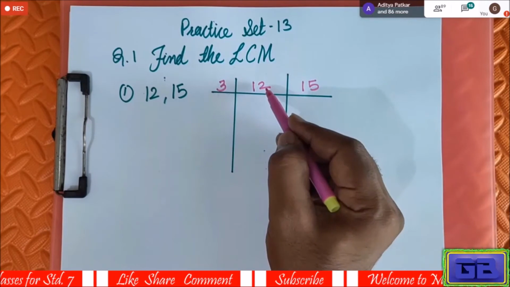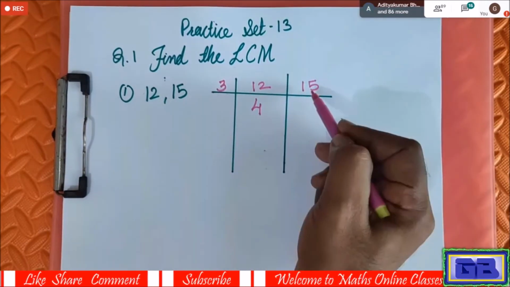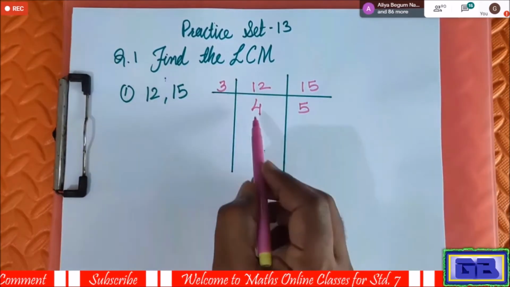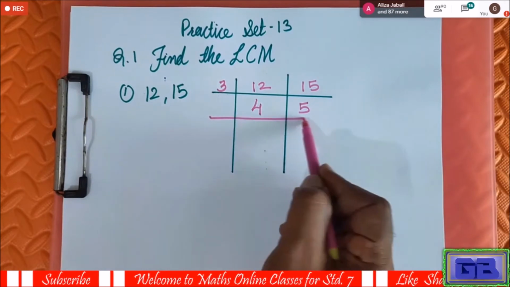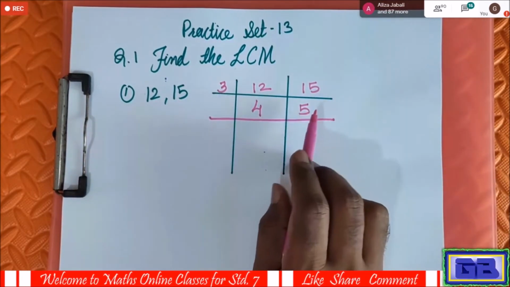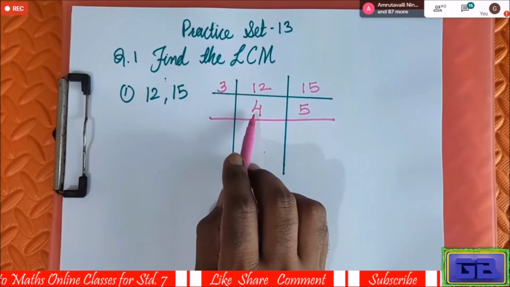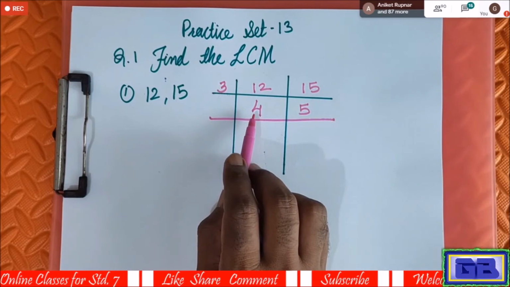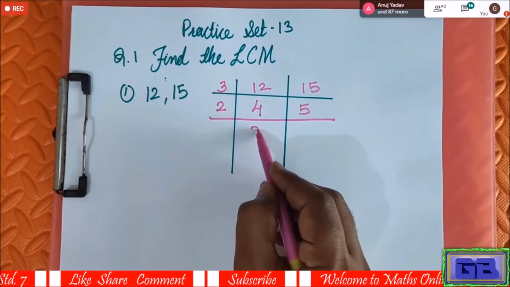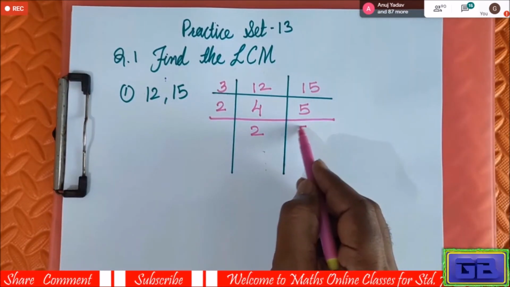3 4s are 12, 3 5s are 15. Now 5 is a prime number, so we will not do anything with this 5, but 4 is not a prime number, so it is divisible by 2. 2 2s are 4, and here 5 will come as it is down.